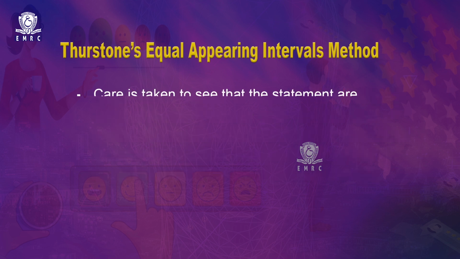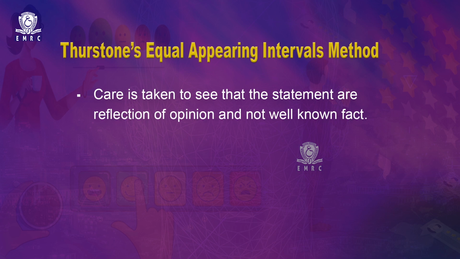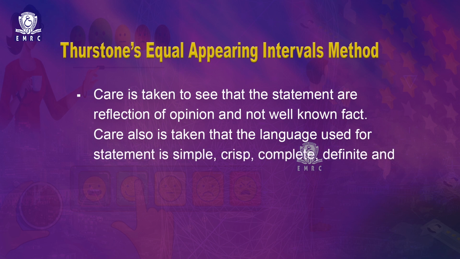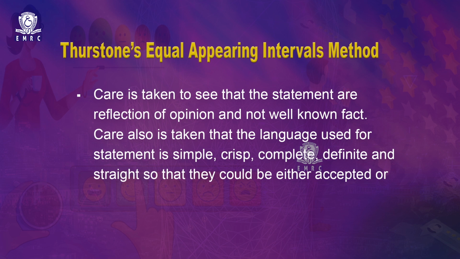Then care is taken to see that the statements are reflections of opinions and not well known facts. Care also is taken that the language used for statements is simple, crisp, complete, definite and straight, so that they could be either accepted or rejected.